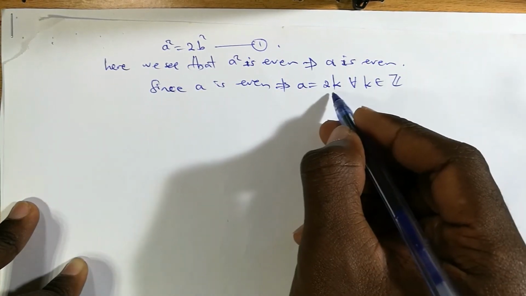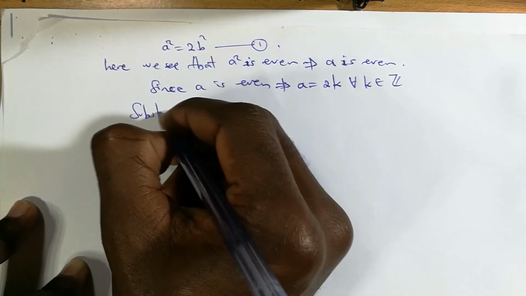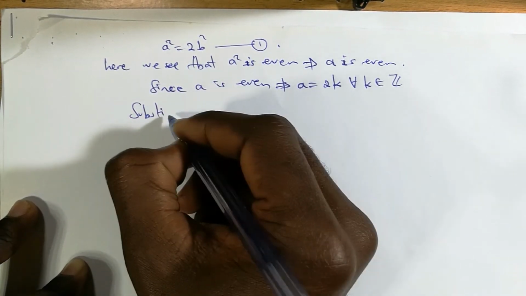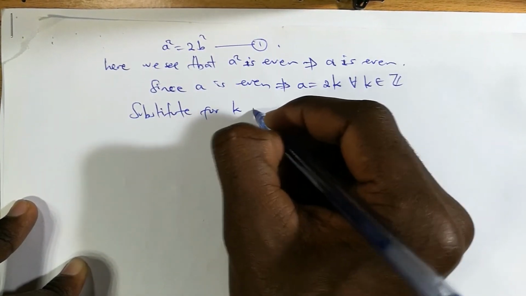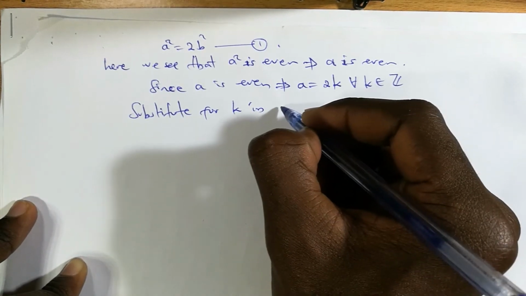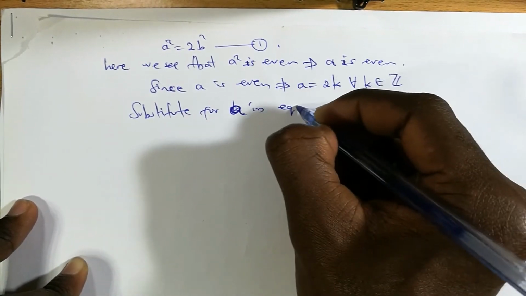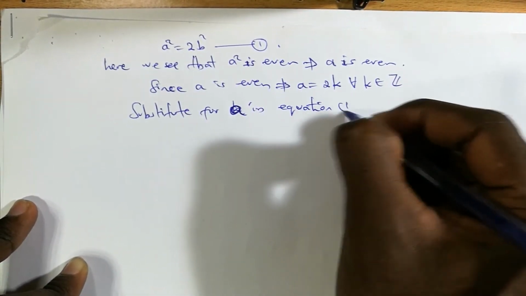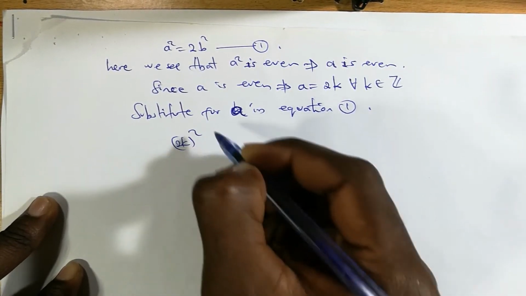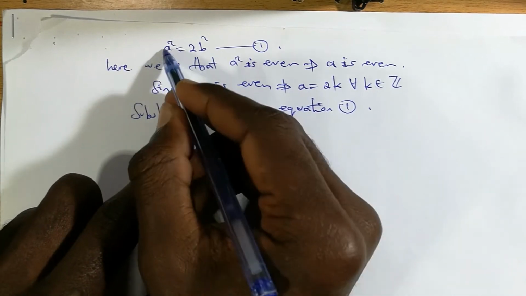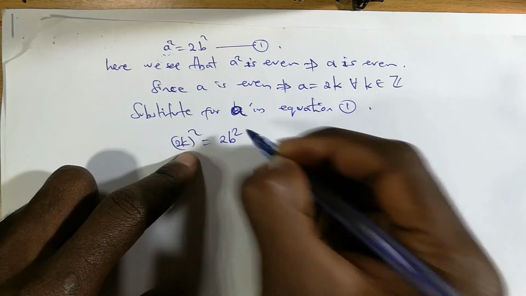So we can substitute for a in equation 1. Here we're putting 2k in place of a, so we have 2k squared equals 2b squared.